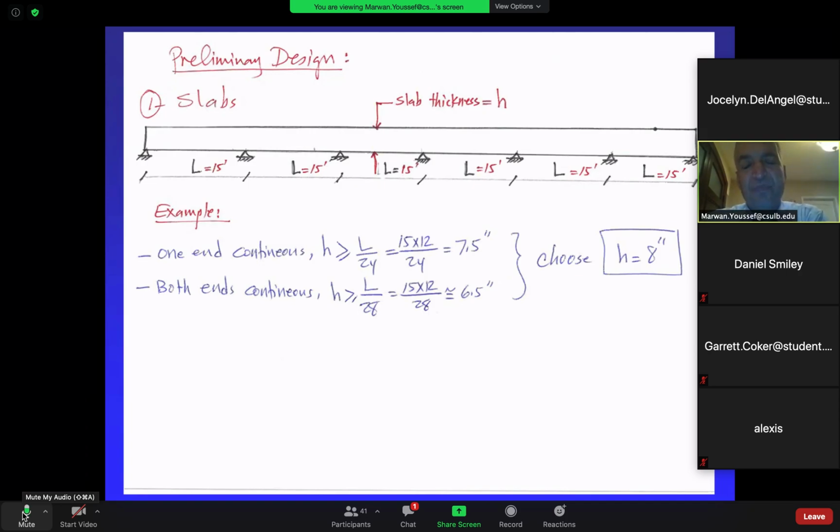I have a question, Professor. Was there a reason why you chose to use your L2 instead of your L1? Like you're using your 15 because you're in the lab, but right here in your example L2 is 30 feet.